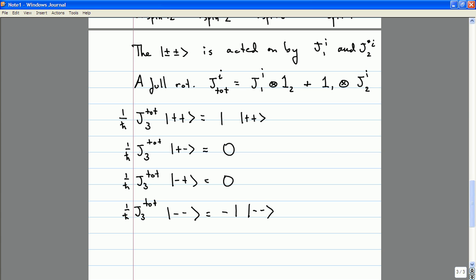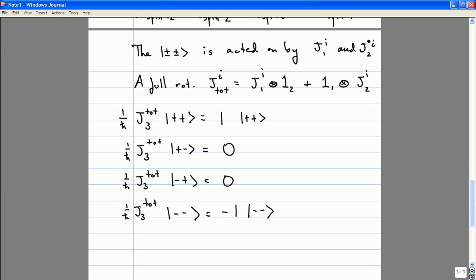Okay, is everything clear so far? Any questions? So the claim that I made earlier is that I can organize these 4 states into a basis in which it looks like a spin 0 system combined with a spin 1 system. So what do we mean by that explicitly?